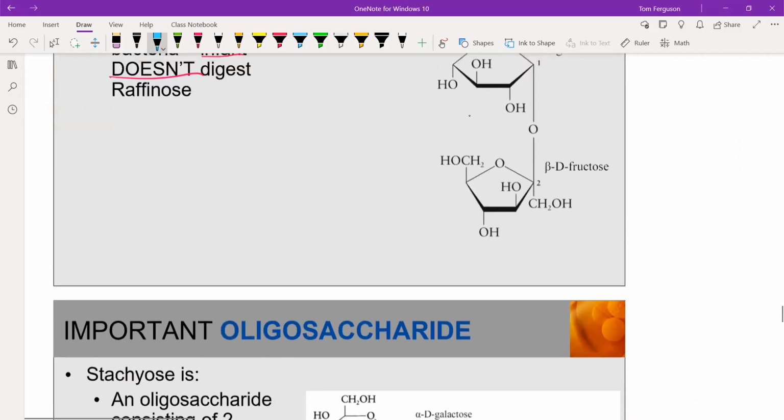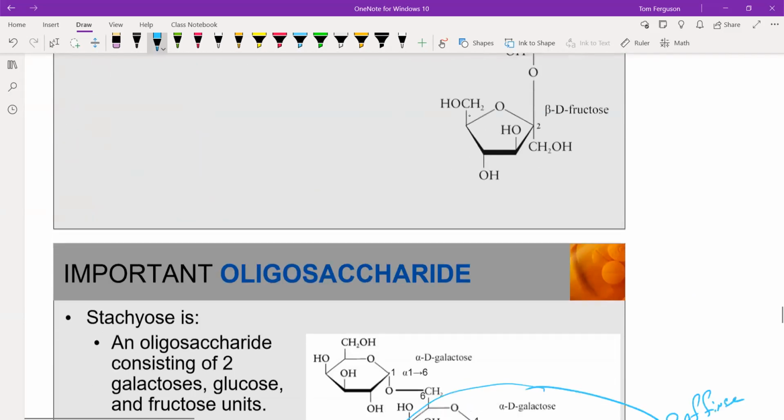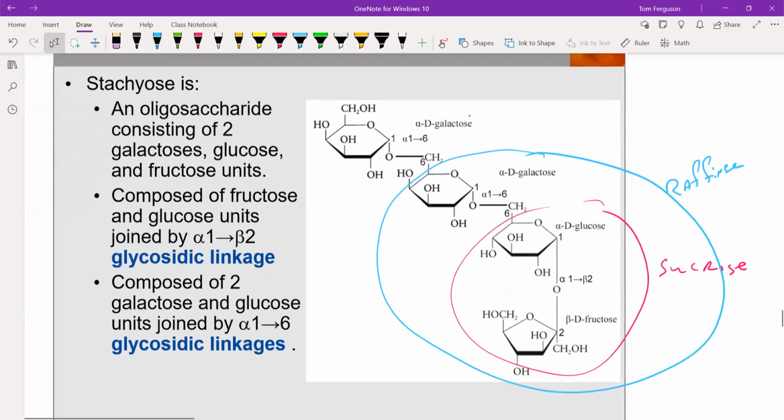So that's raffinose up here. If you know sucrose, it's pretty easy to tack on a galactose. If you know raffinose, it's easier just to tack on a galactose in the same position.